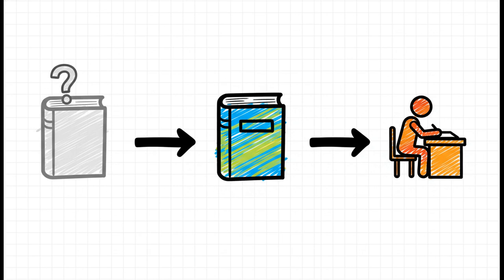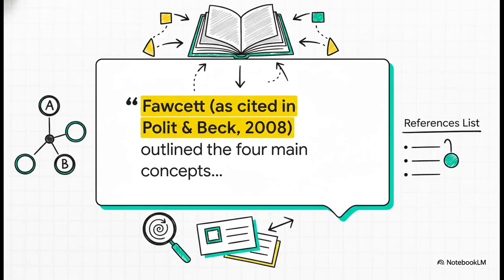What do you do? Well, that's where something called a secondary source citation comes in. It's actually pretty simple. You use this little phrase, 'as cited in'. This is you telling your reader, hey, just so you know, I learned about Fawcett's ideas by reading Pollitt and Beck. It's all about being transparent. And then, in your reference list at the end, you only list the source you actually held in your hands. In this case, the book by Pollitt and Beck.